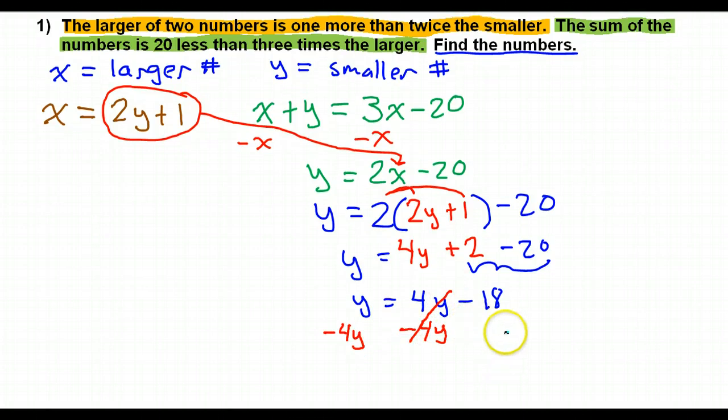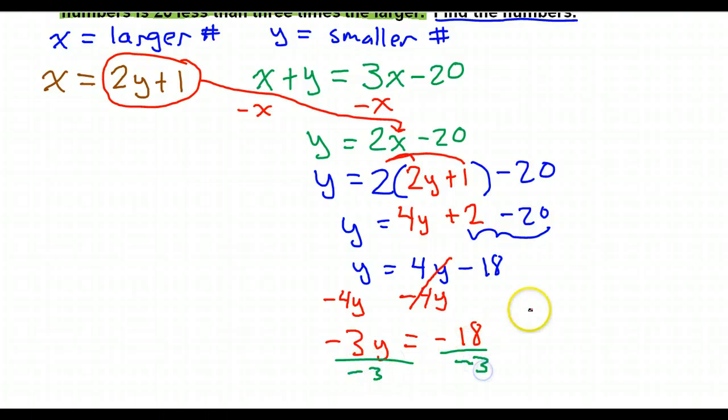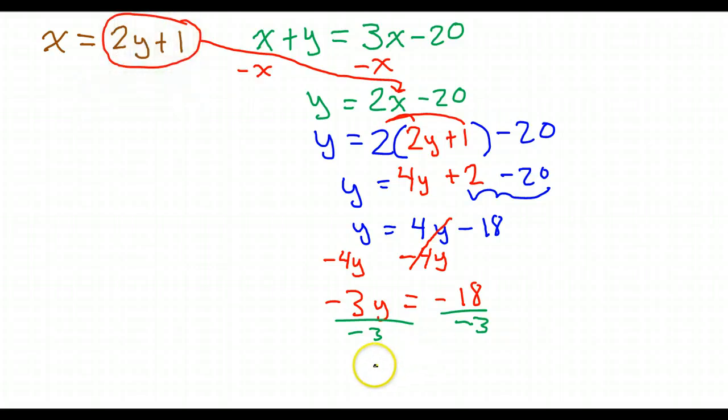So those are gone, and this together makes negative 3y, which is equal to negative 18. And then I shall divide by negative 3 on both sides. So that's going to give me y equals 6. Okay, so that is one of my answers right there.